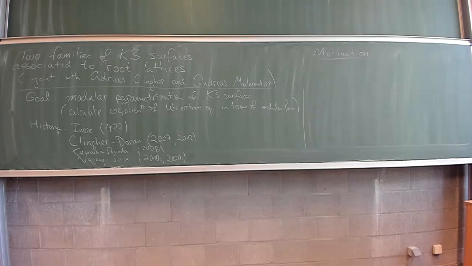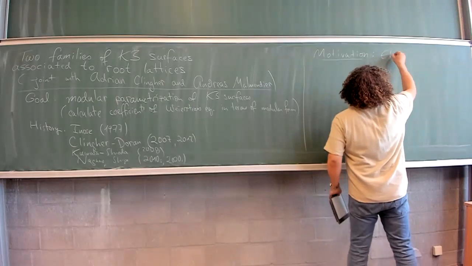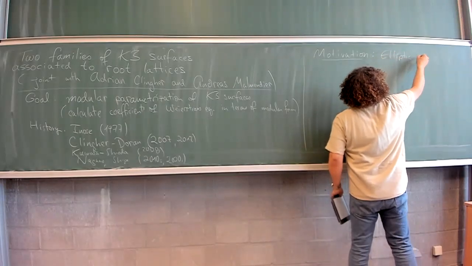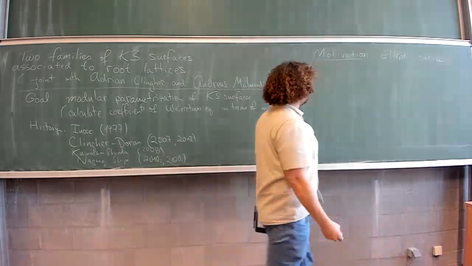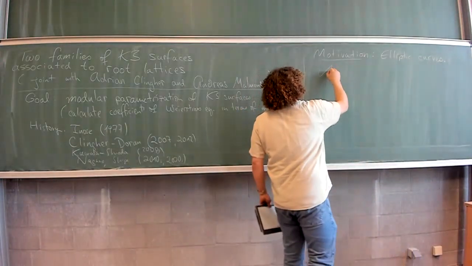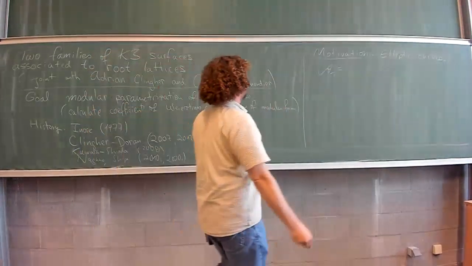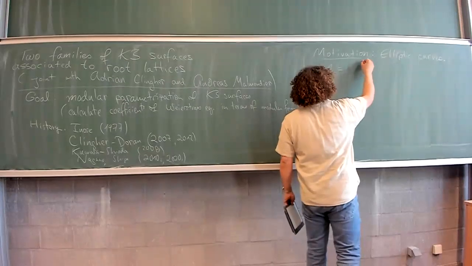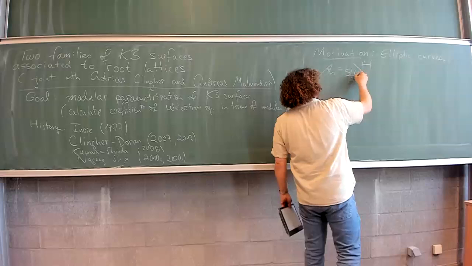and I can motivate this in terms of elliptic curves. So we know that the moduli space of elliptic curves, A1, is the complex upper half plane modulo SL2(Z).